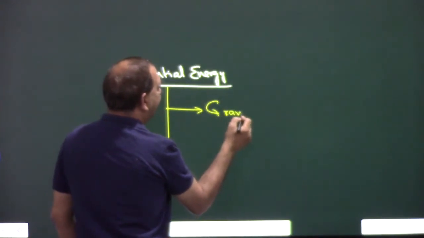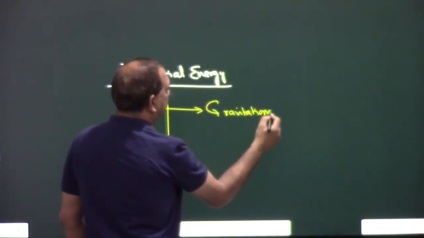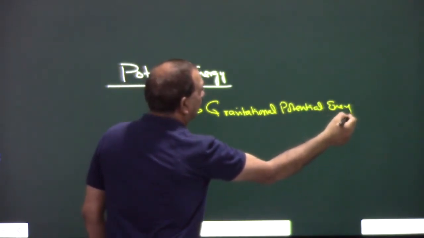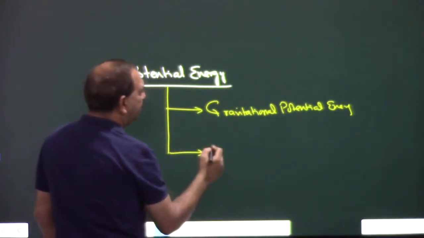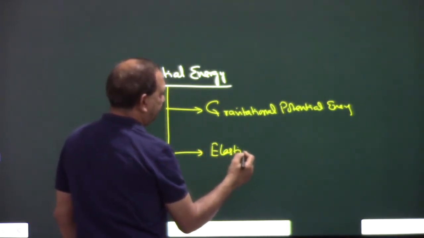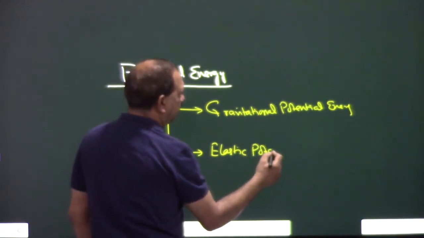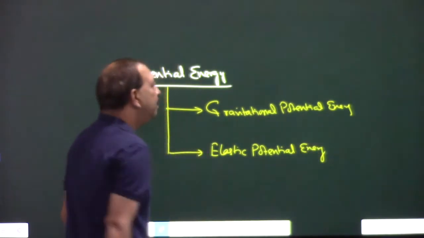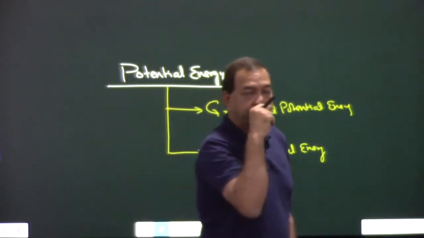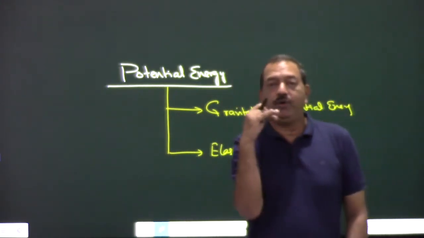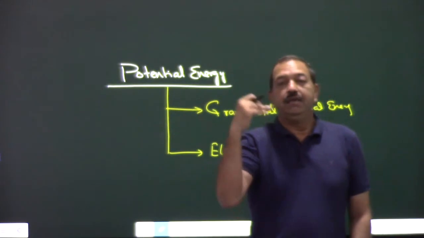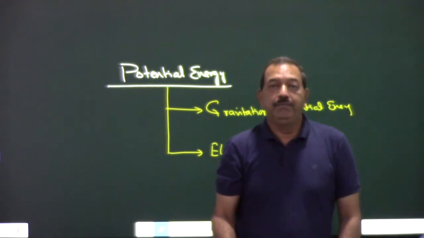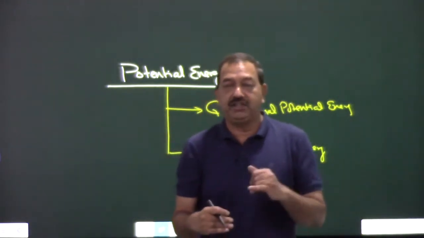One is called gravitational potential energy, and the other is elastic potential energy. What is gravitational potential energy? The gravitational potential energy is because of the position of the object in the gravitational field.